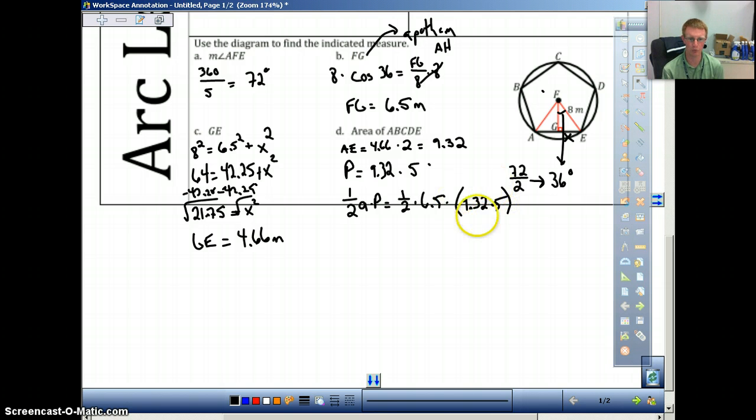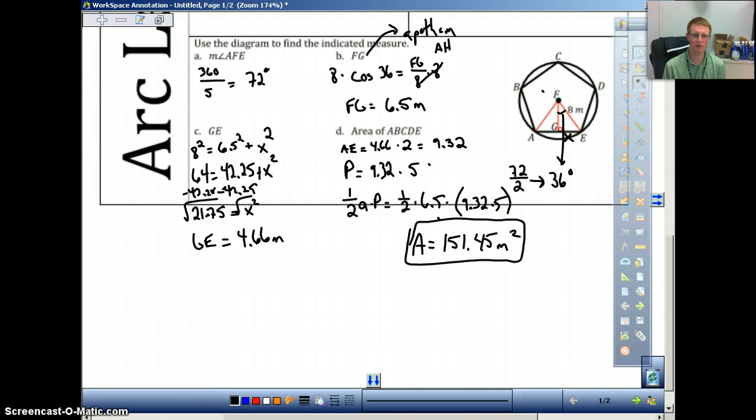Remember, this has to be the perimeter. Perimeter is 9.32 because that's one of the sides multiplied by the number of sides that there are. And again, just put that right into a calculator, and we get that our area is 151.45 meters squared.